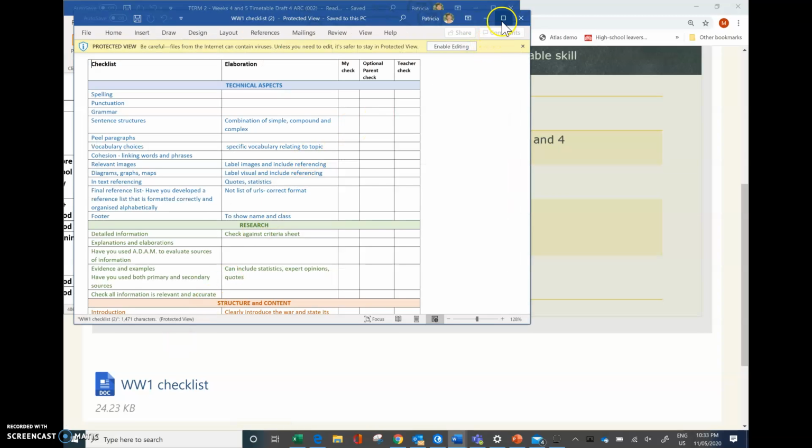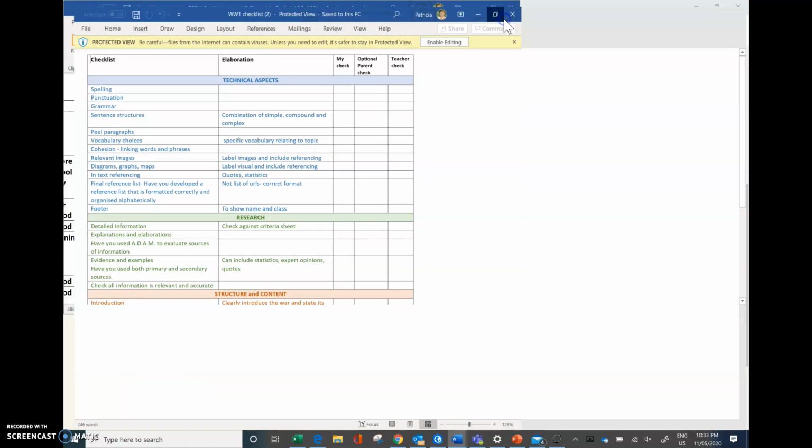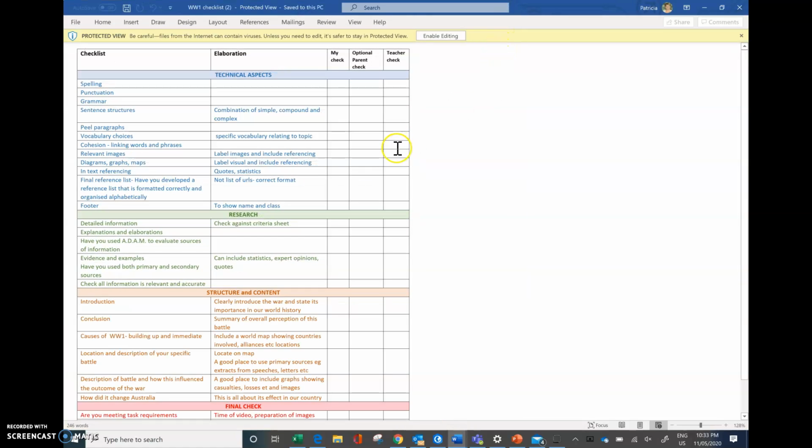Okay, now this is really a checklist for when you've finished your draft. When you finish your draft you go, okay, it's your check first.